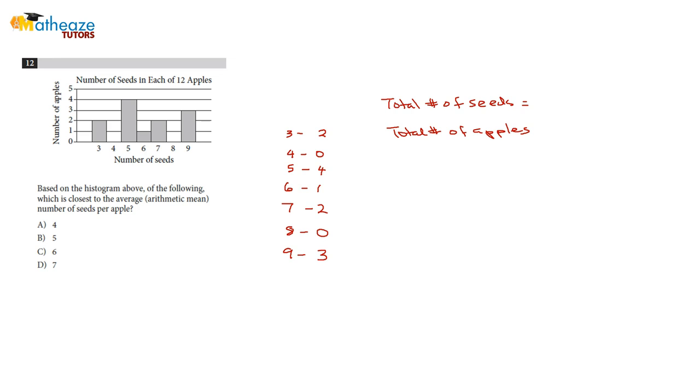So 2 apples have 3 seeds, so this is going to be 3 times 2, 6, 0, this is 20 seeds. This is going to give us 6, this is going to give us 14, 0, and 27. So let's add this up together.